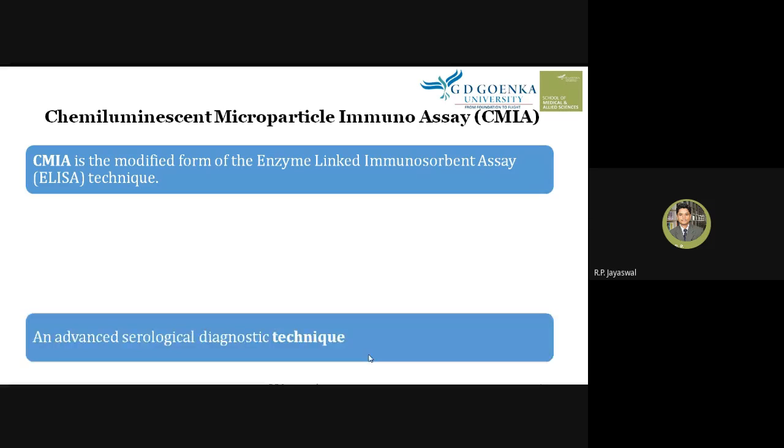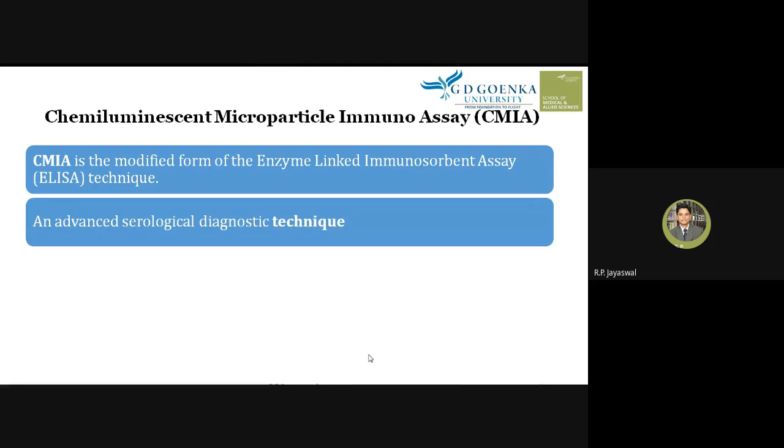This is an advanced serological diagnostic technique where we use antigen antibody reaction, and instead of the ELISA based detection, we use a chemiluminescence compound.